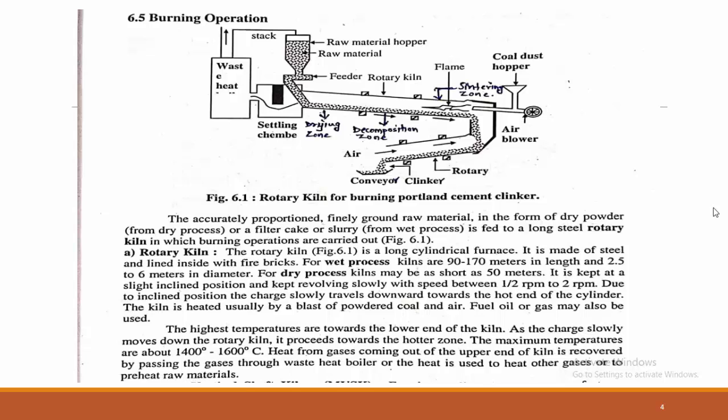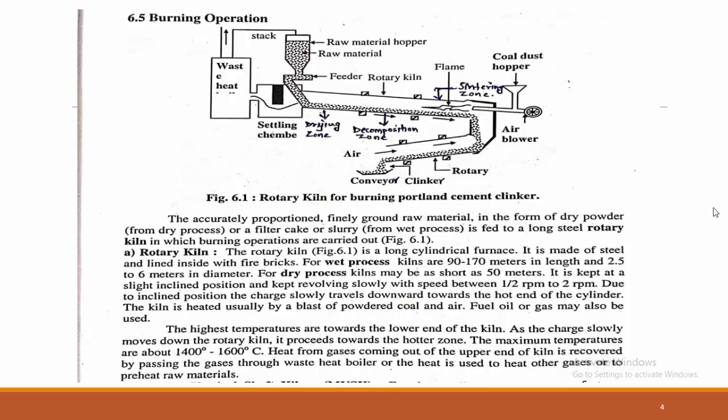As the charge slowly moves down the rotary kiln, it proceeds toward the hotter zone. Here we can clearly see that the raw material at the top zone is at lower temperature, and the raw material at the bottom zone, towards the burner, is at higher temperature. We have to remember this.